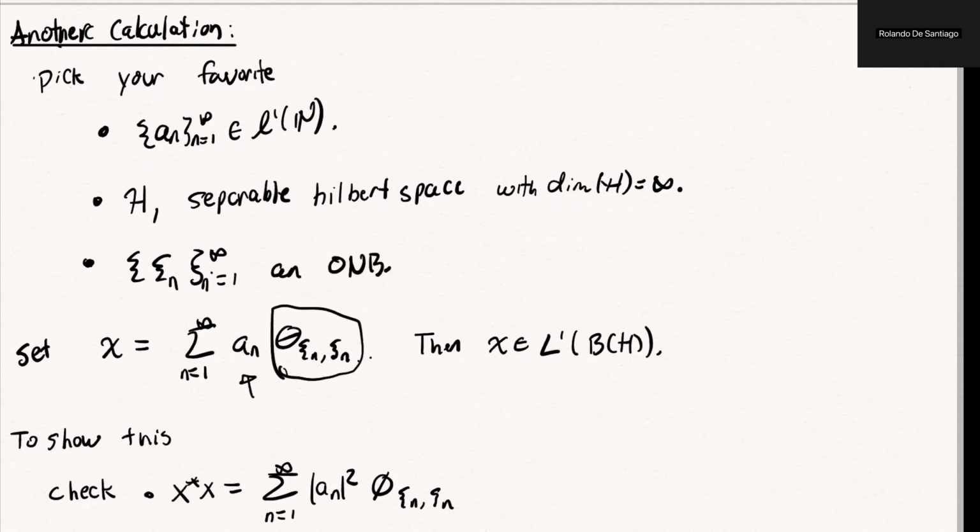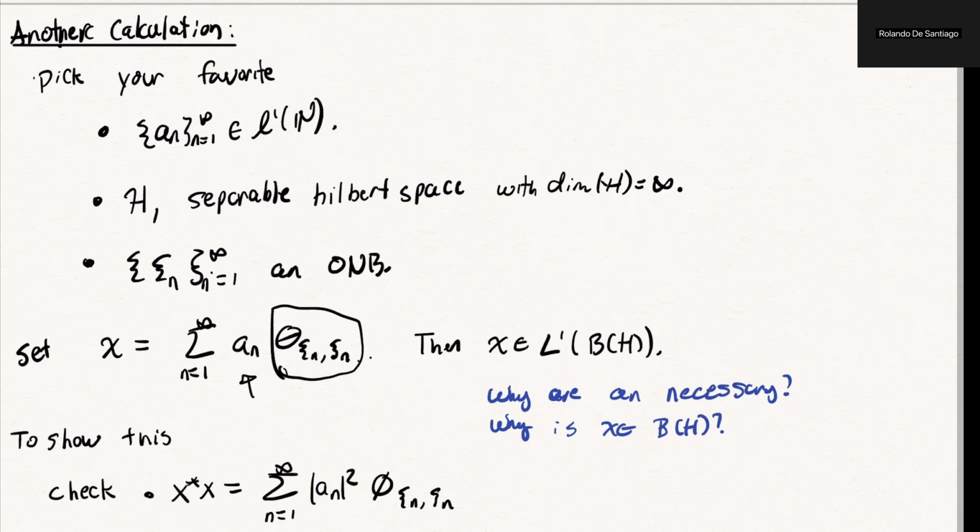So before we move on, why are the coefficients a sub n necessary? And a following question, why is X in B of H? I will encourage you to just ponder these questions.